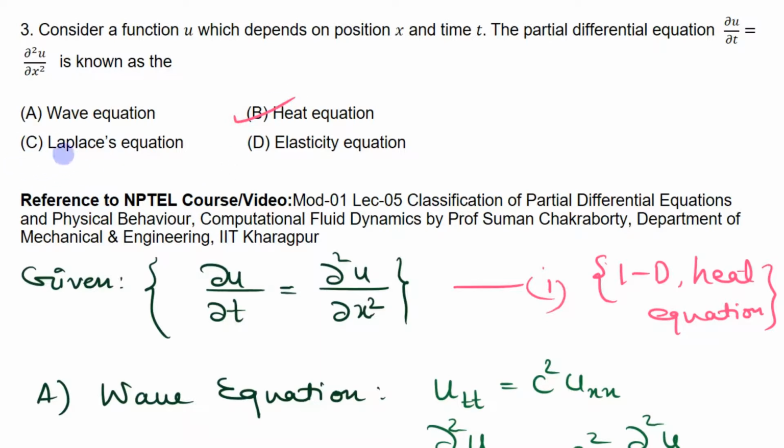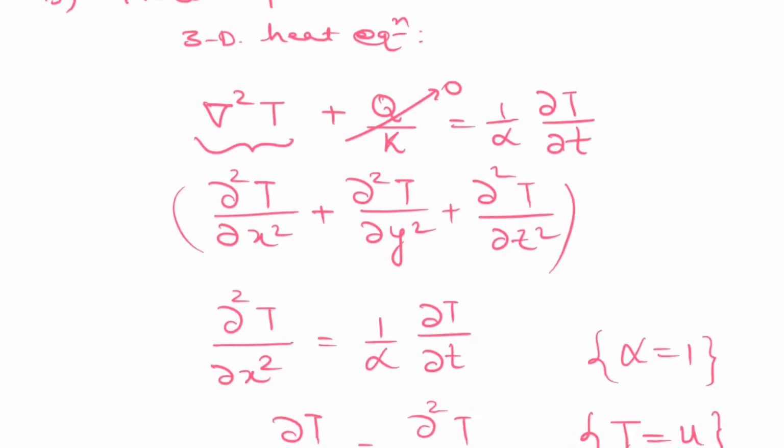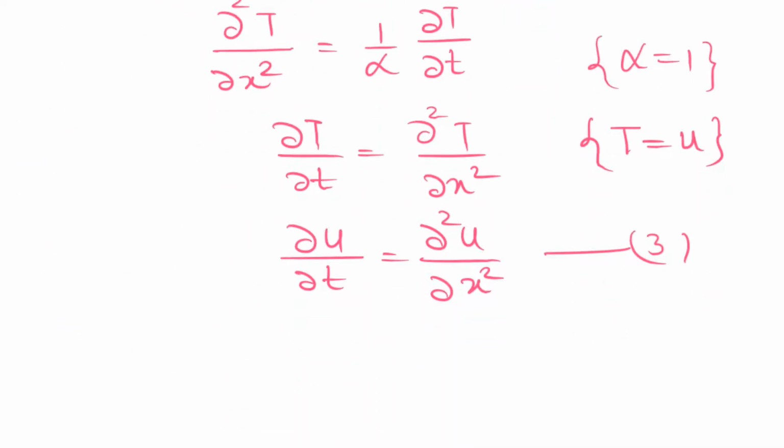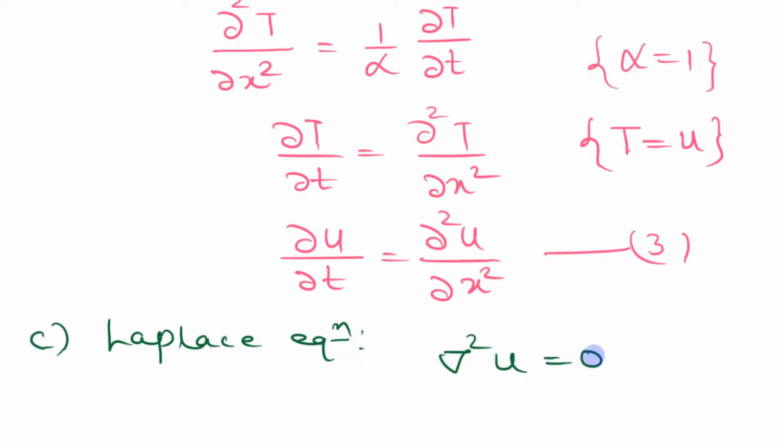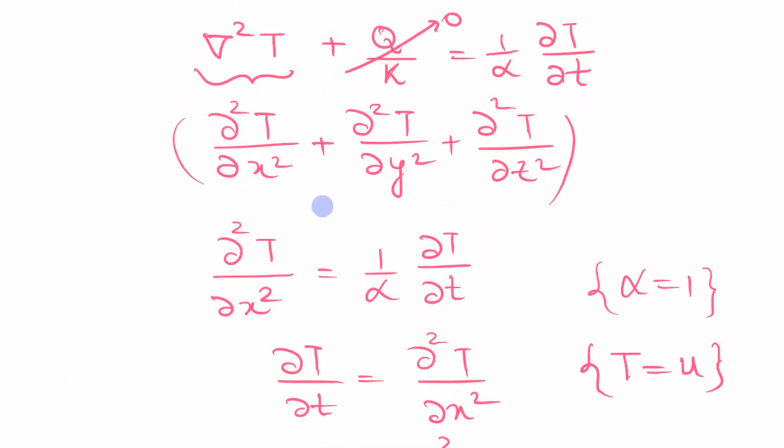Now let's see option C also. Option C is Laplace equation, and the Laplace equation is simply given by ∇²u = 0. Okay, here I have already explained it.